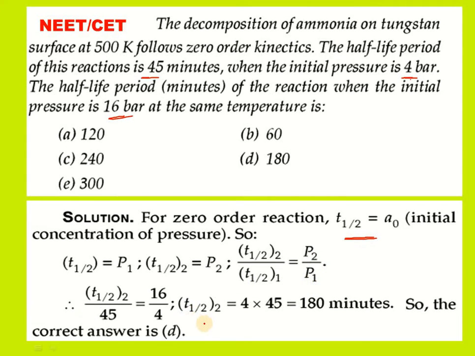So we want to find t1/2 of 2, then that will become equals to P2 by P1 into t1/2 of 1. P2 is given as 16, P1 is given as 4 bar. Upon simplification, substituting the first half-life as 45 minutes in this one, you got 180 minutes. So the correct answer is option D.